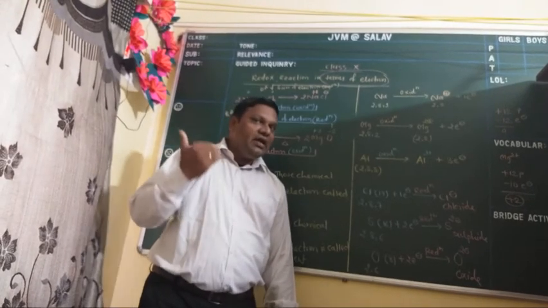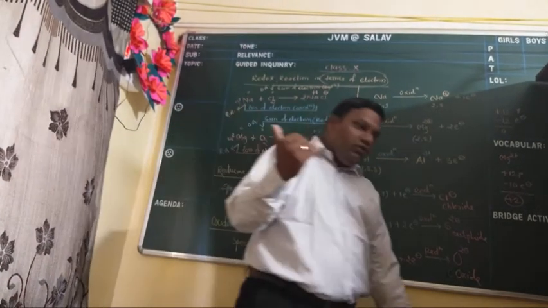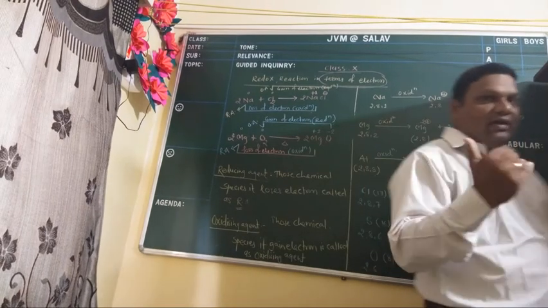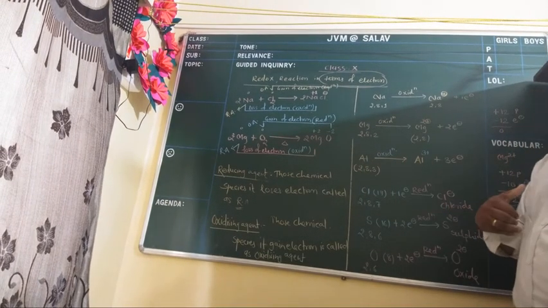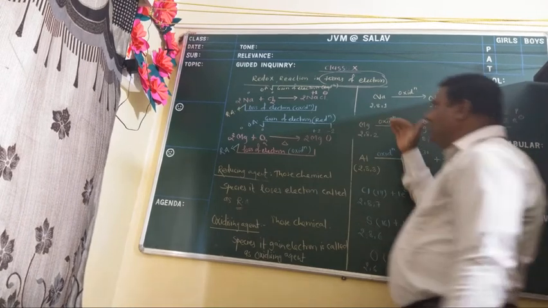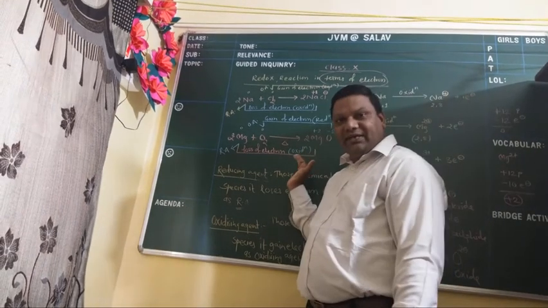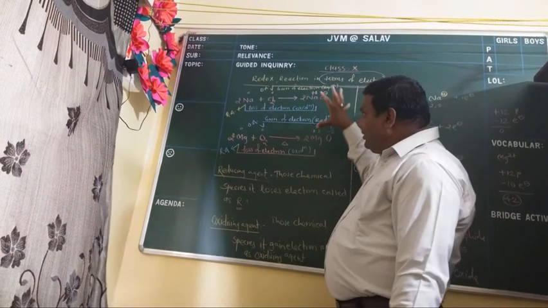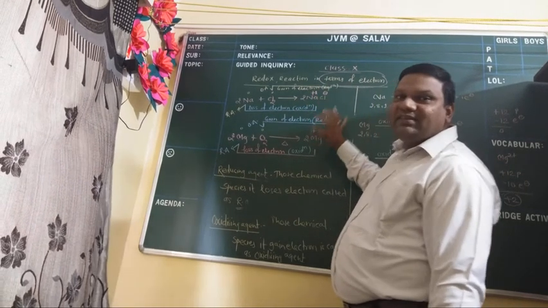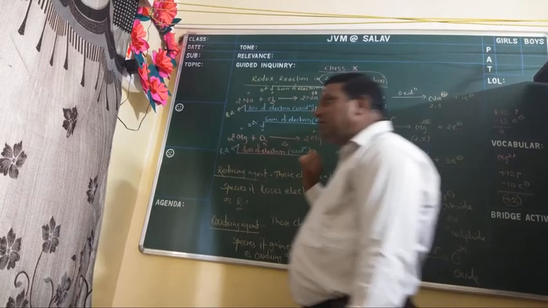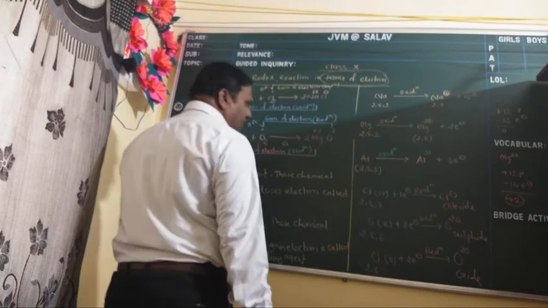But if they have valence electrons 5, 6, 7, then they easily gain electrons for completion of octet. Therefore it is a very simple concept: when reduction and oxidation both take place in the same chemical reaction, it is called a redox reaction.